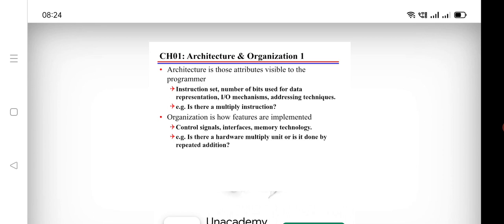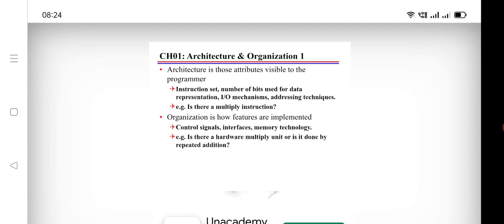Coming to organization, organization is how the features are implemented. When we go with architecture, it is the instruction set, whereas with organization, you are going to implement the components, and how it is featured is known as organization. Examples of organization are your control signals, interfaces, and memory technology.